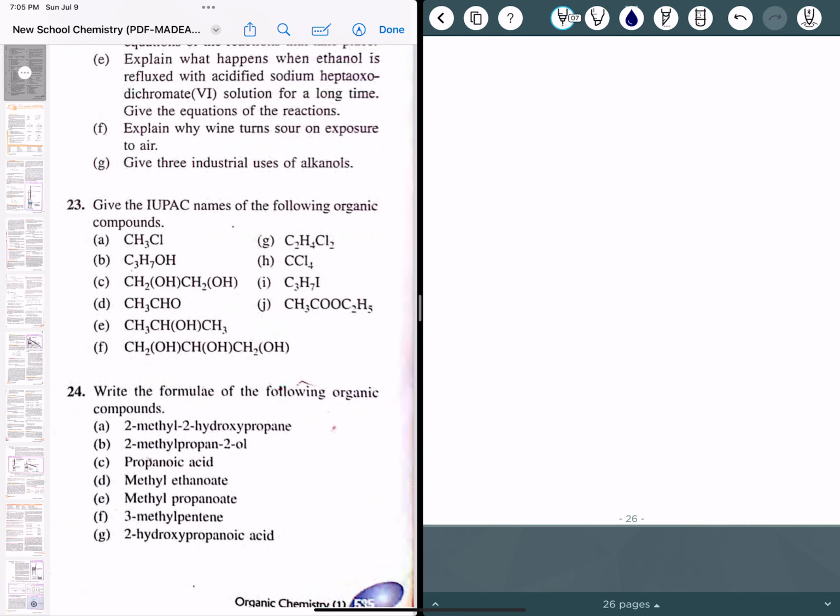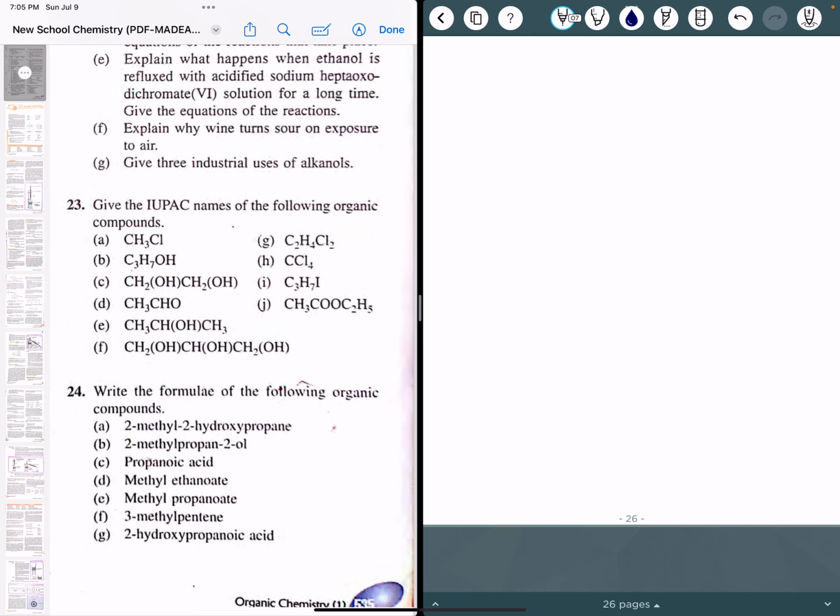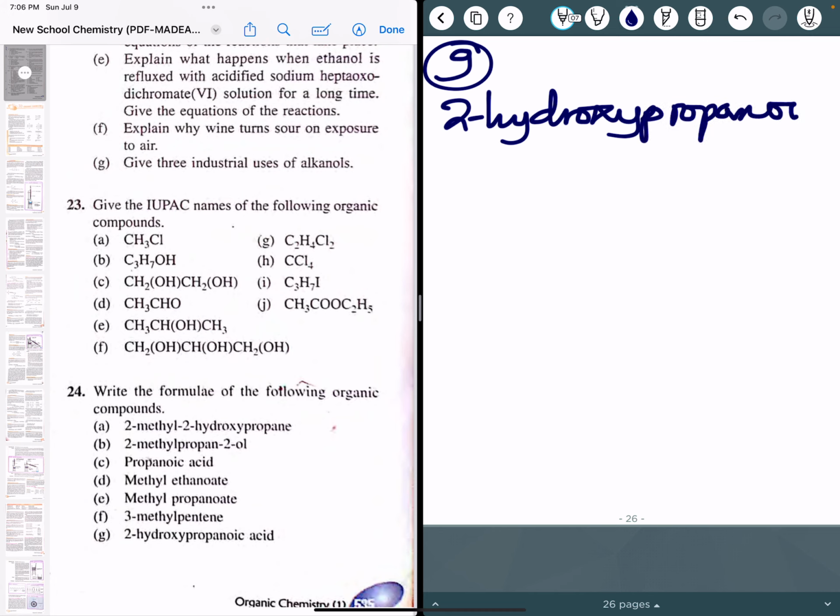Then G, let's go to G. G is 2-hydroxypropanoic acid. So first thing here is to identify that this is a propanoic acid. The rest are just stories.